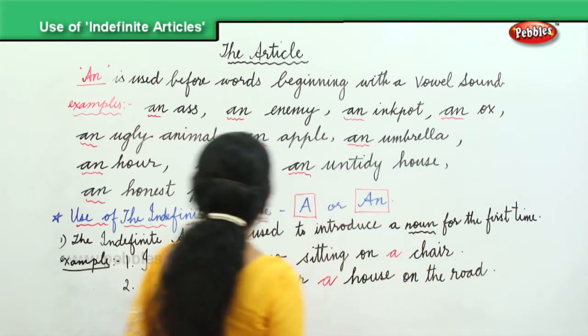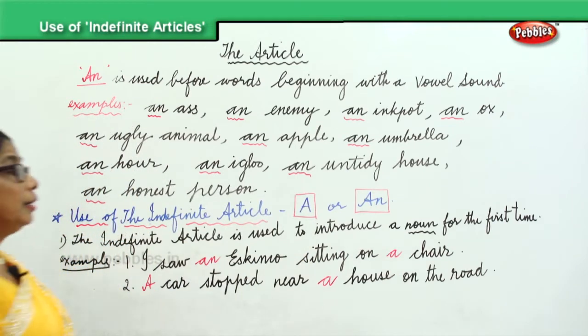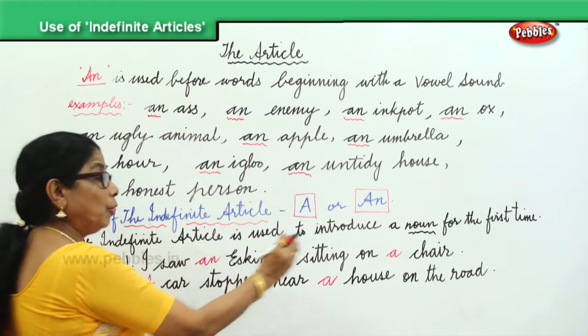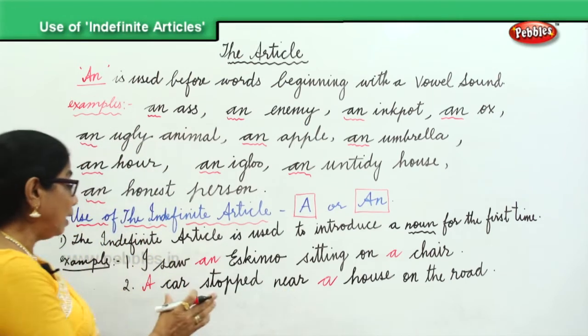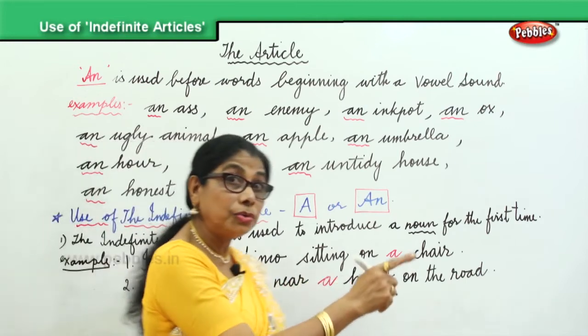We use indefinite articles a or an to introduce a noun for the first time. An Eskimo, a chair. A car, a house. Where is the car? A car stopped near a house on the road.